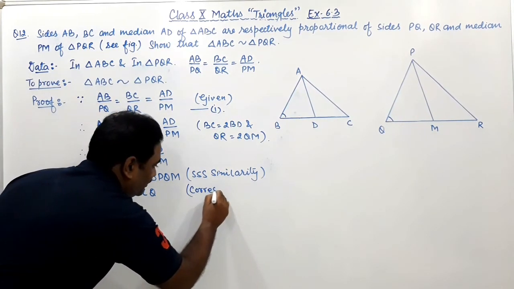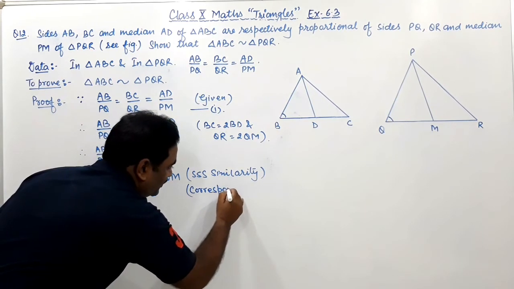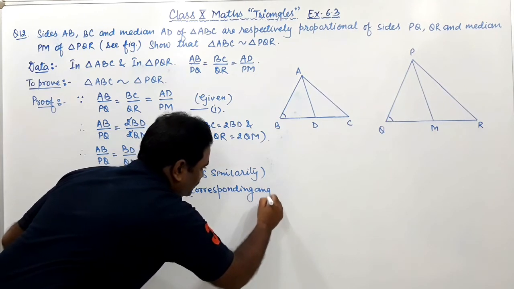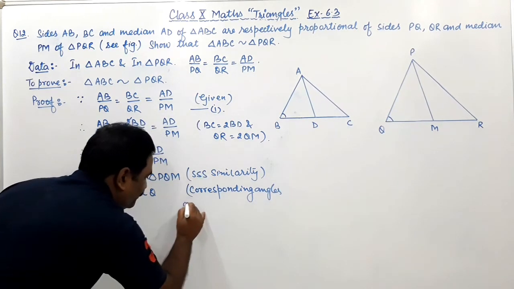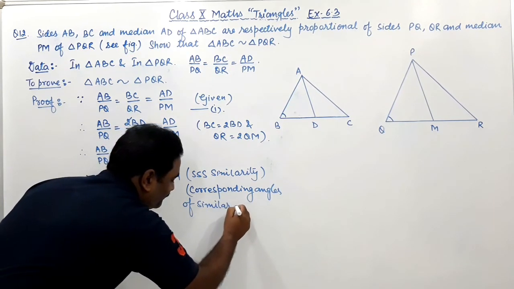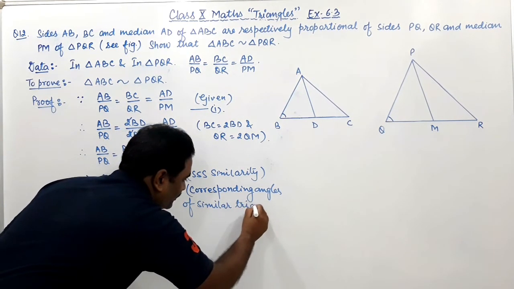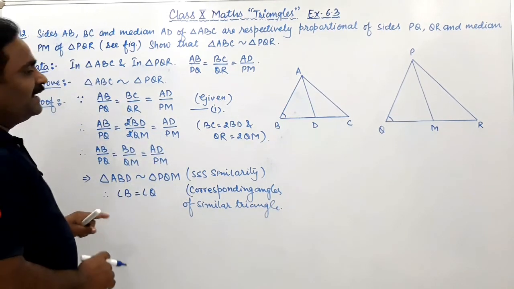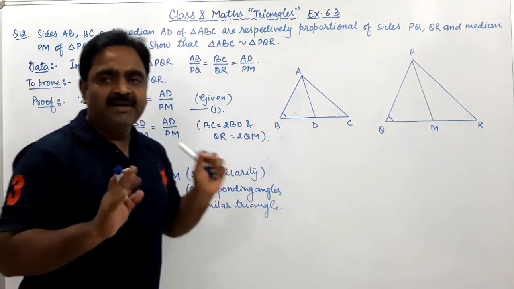Corresponding angles of similar triangles. Okay, so just see angle B equals angle Q, we got this.